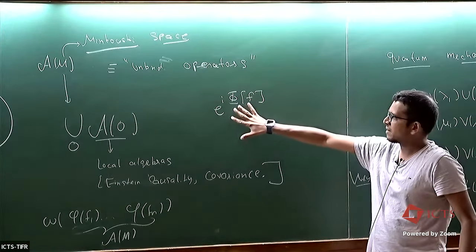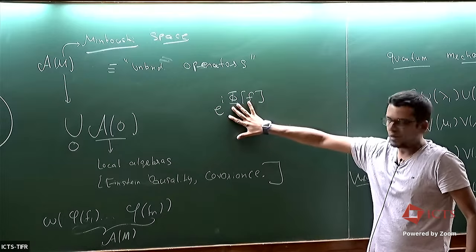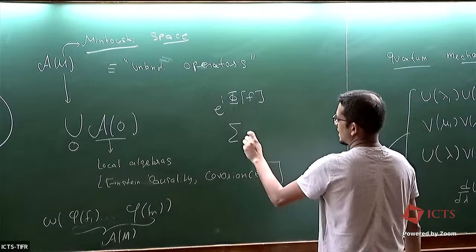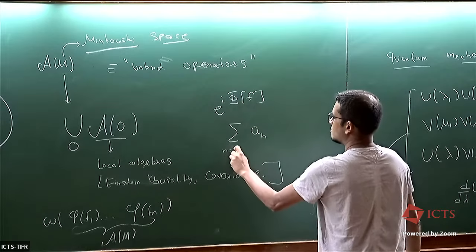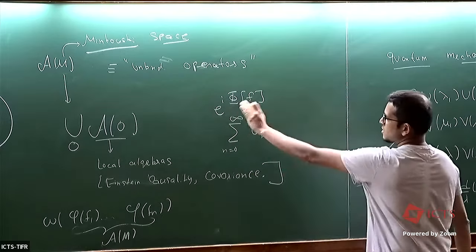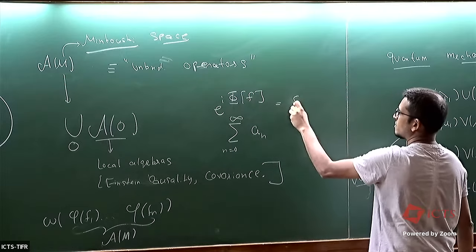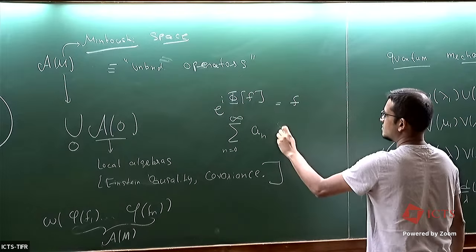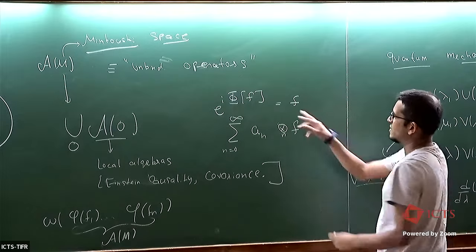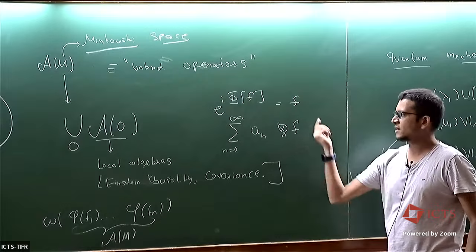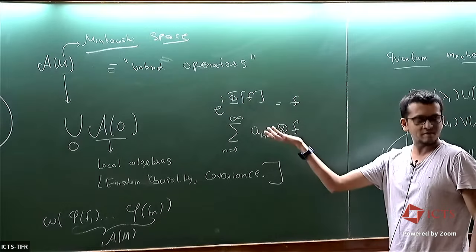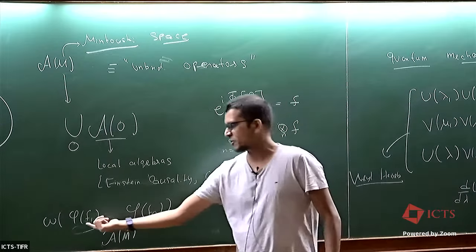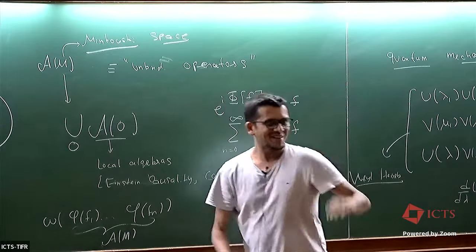So I could turn this into a C-star algebra by only looking at finite linear combinations of products of f, where each f is an element like this. I could complete this in a C-star norm, and that gives me a C-star algebra. This algebra at the abstract level has no direct connection with the algebra of unbounded operators in quantum field theory.